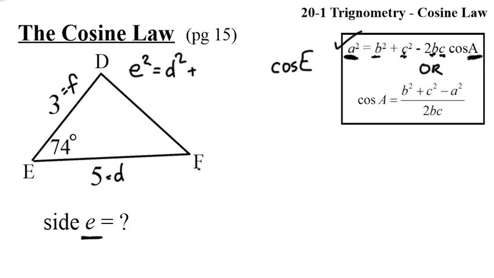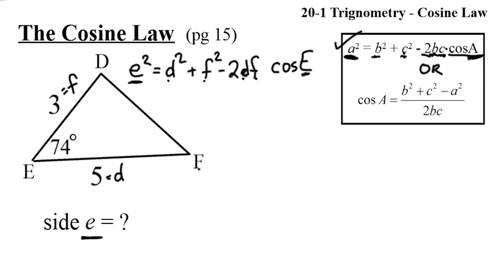D squared plus F squared subtract 2DF times cosine E. Note that this is 2 times B times C times cosine of A, or in this case, cosine E. So that's one possibility. Just making sure that you have a formula where you're plugging in the right information. Whatever side, that's the angle that has to be part of the question.